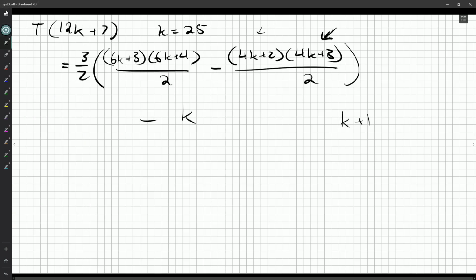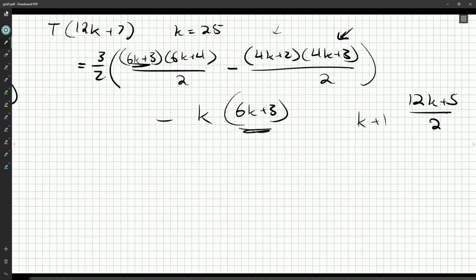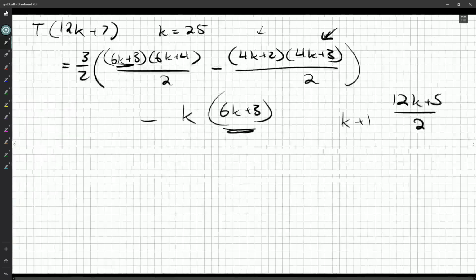And that's n minus 2, so that's 12k plus 5 over 2, and this is just 12k minus 1, or 12k plus 7 minus 1, so 12k plus 6, divided by 2, 6k plus 3. Yes. Okay. Oh, this number and this number will always match. Yeah, cool.